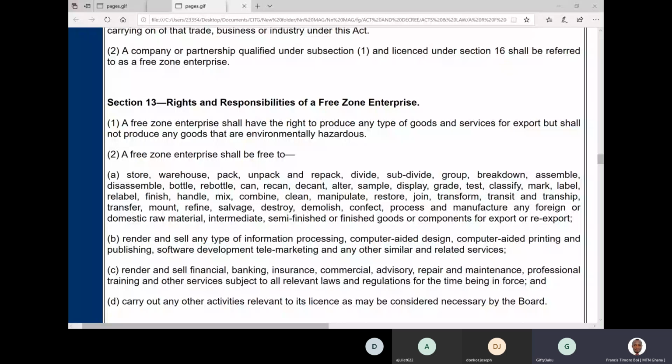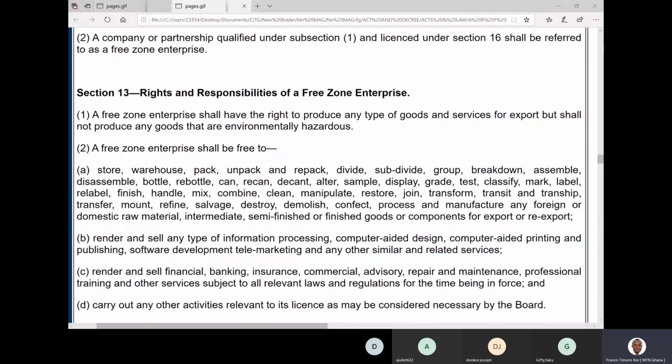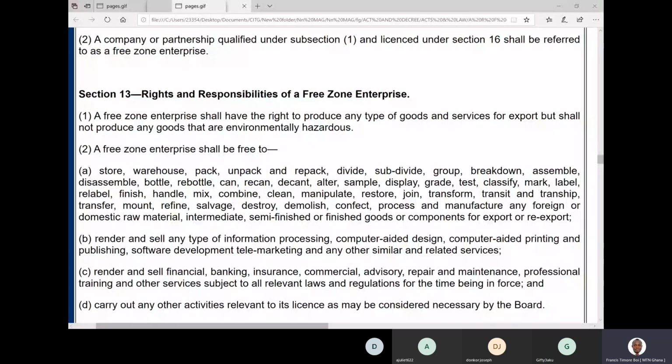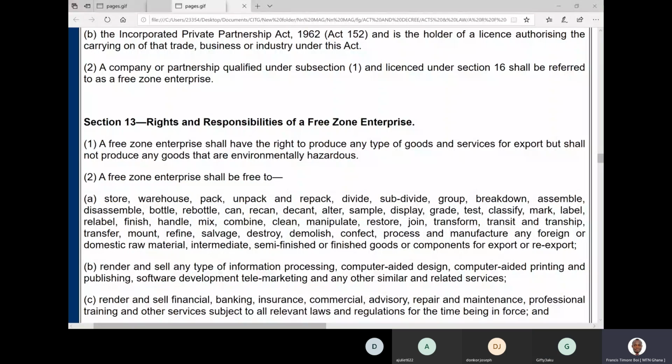It's possible that they want to look at the going concern of the entity, but as it stands now, we don't know yet. So for example, even if you have finished school and you have some nice idea and you think you can do craft and send outside Ghana, you will not be able to do it.